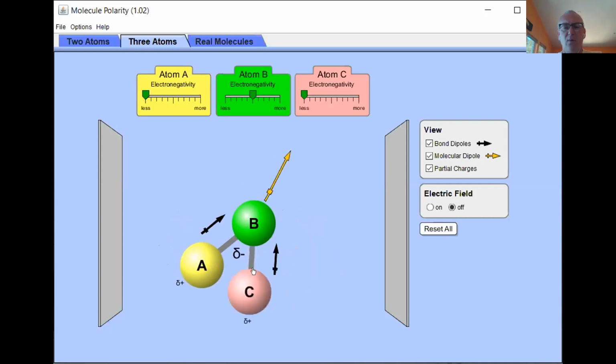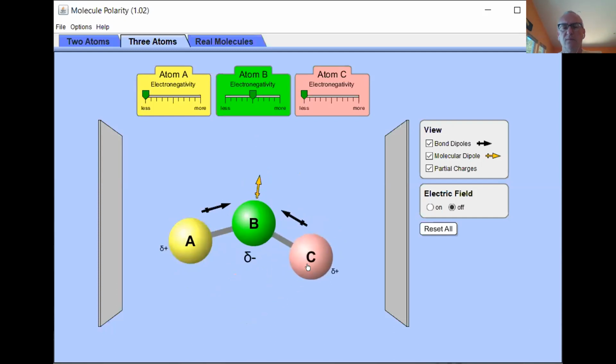And if I bend it all the way, I get a huge molecular dipole. What's going on? What is it about the angle of the dipoles that tells us whether or not we have an overall molecular dipole or we don't? 90 degrees?